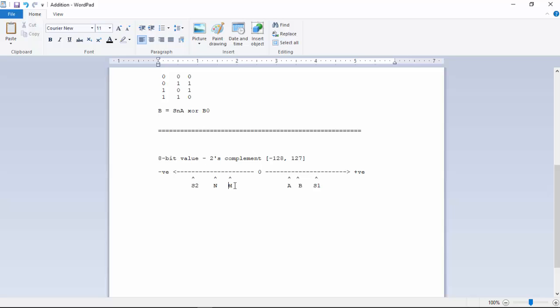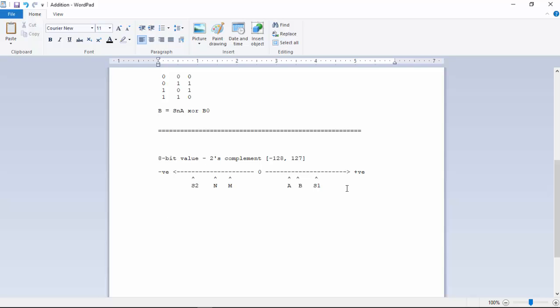If my operands are a positive and negative combination, the sum is definitely representable within that many bits. So this is the first understanding. The second understanding is this one. We are talking about 2's complement values, right?